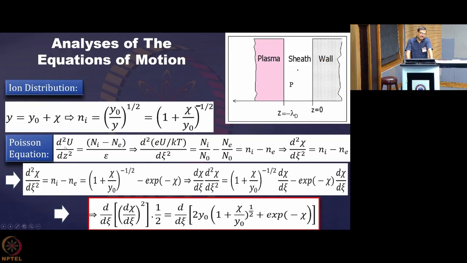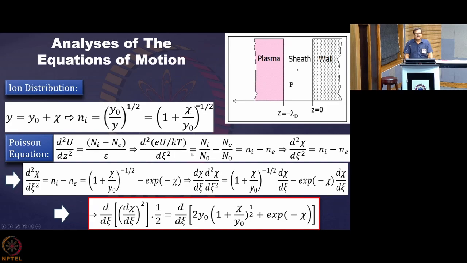So, what we are getting, d2u by dz2 equal to Ni minus Ne by epsilon, and this is giving you the dimensionless expression for this Poisson equation. We are dividing this by kT, and you know that then you are getting eu by kT.